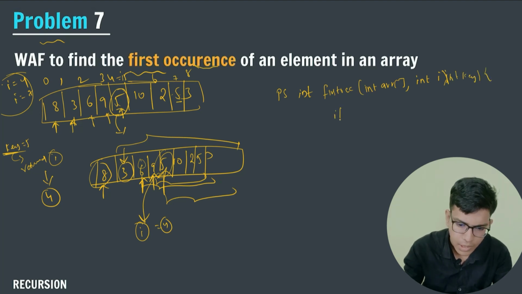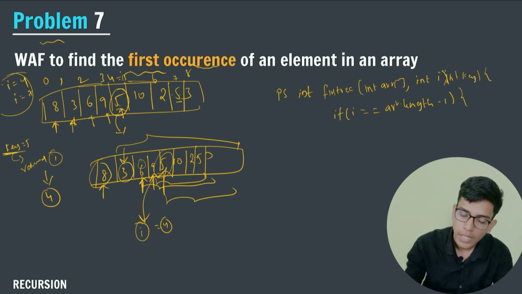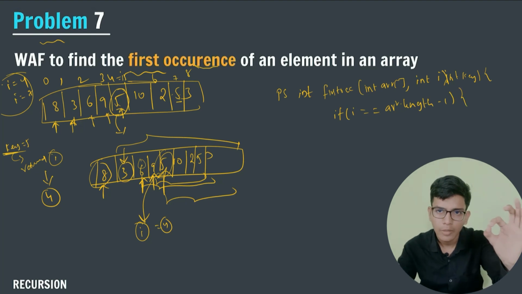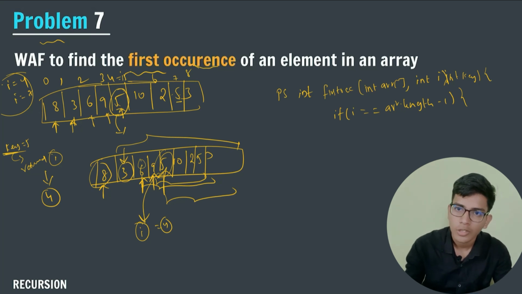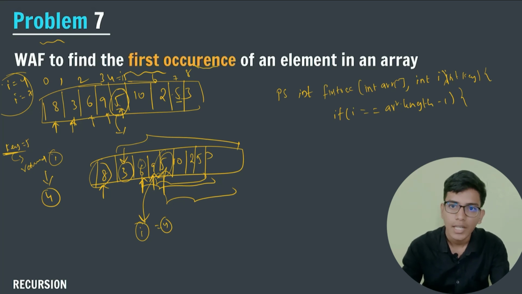Then if I is equal to arr dot length minus 1, it means I called my function for the rest of my array but didn't get the value of my key, so I will return minus 1. It means the element is not present in my given array.